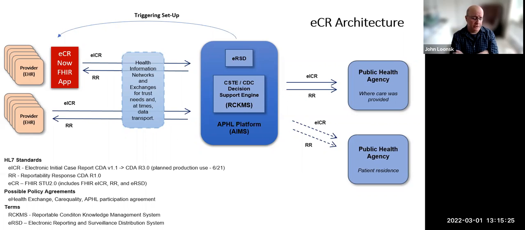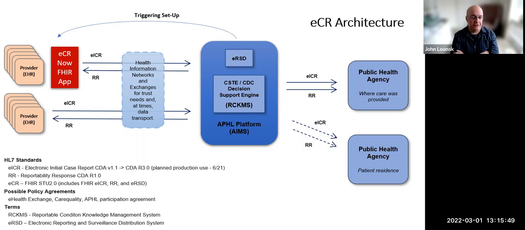So what happens is the provider of care in a hospital or ambulatory setting on the left records certain data in their EHR. There are 5 different categories of data: diagnoses, lab results, and others that, when they're recorded in the EHR, are looked up against a set of trigger codes.